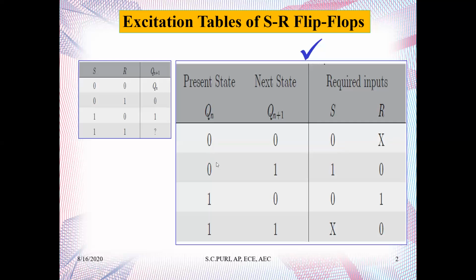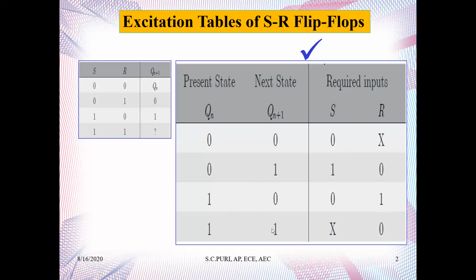Next is 0 to 1. Similarly, 0 to 1 can be achieved only using the set condition, that is S equal to 1, R equal to 0. 1 to 0 can be achieved using the reset condition, so here S is 0 and in the place of R there is 1.